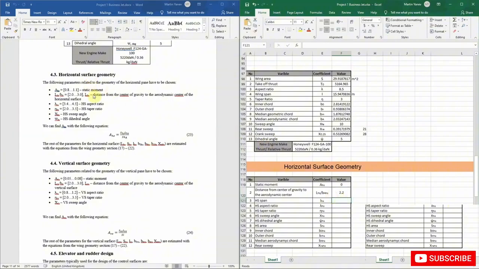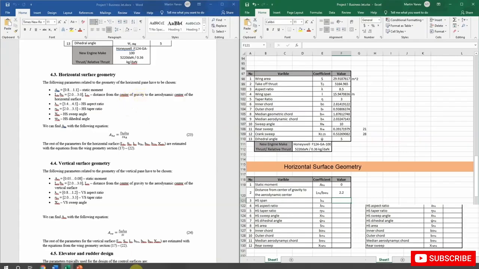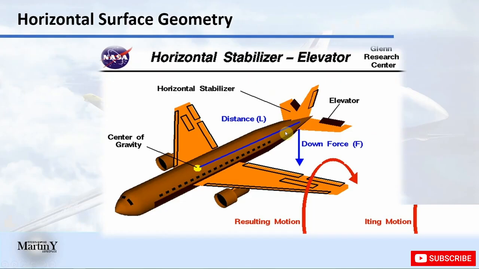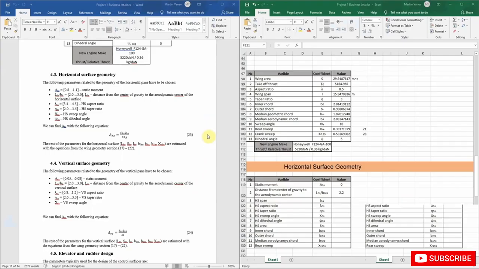You can imagine the distance from the center of gravity, as you saw on this picture. Here is the center of gravity of the aircraft, and the distance L is between the horizontal surface and the center of gravity. That's it. So we're going to take this distance divided by BA to be equal to 2.2.